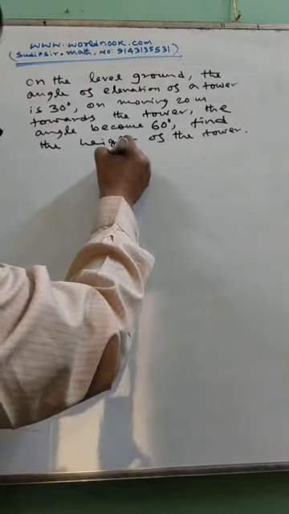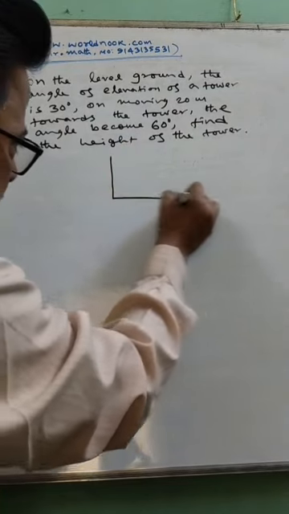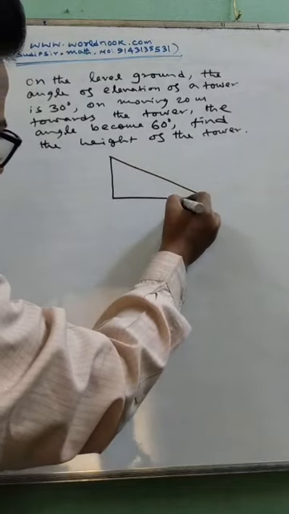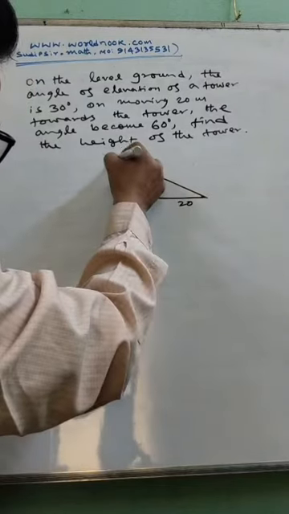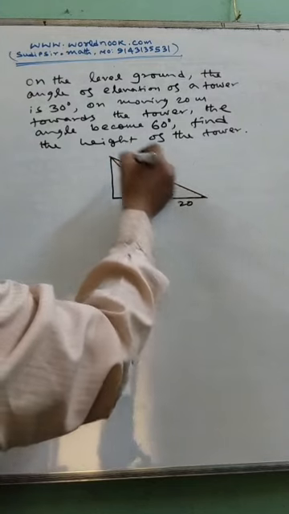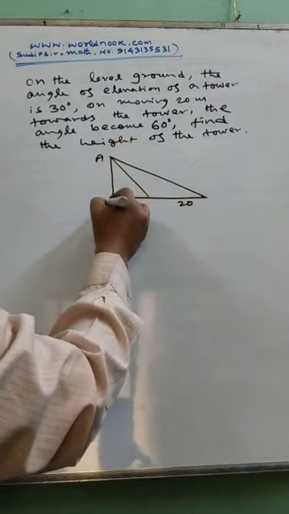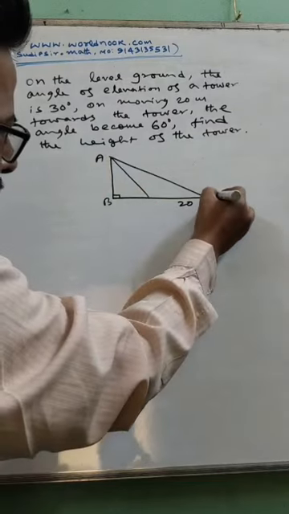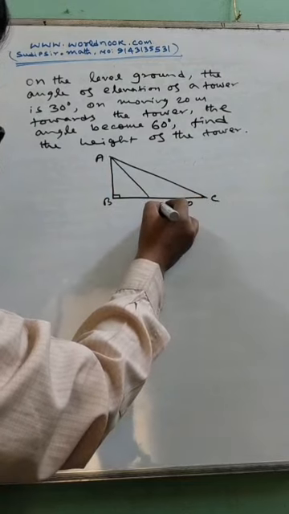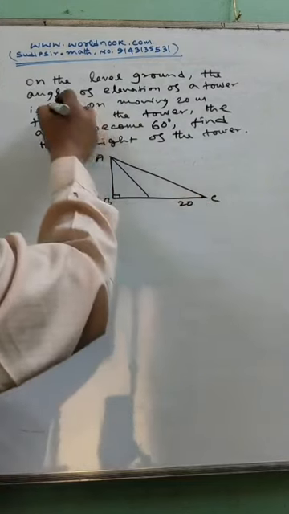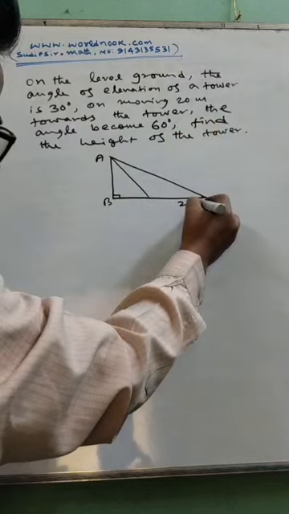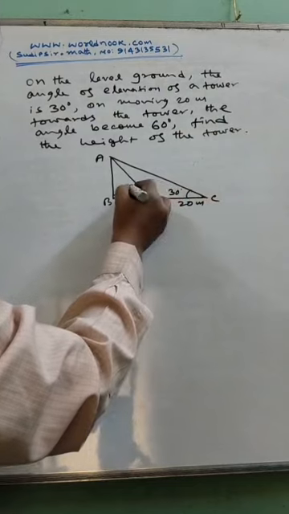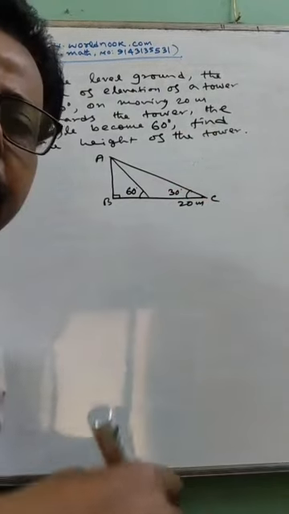Now, say this is the tower, initially 30 degrees, and after moving 20 meters, 60 degrees. AB is the tower, with a right angle here. The first position is C, and on moving 20 meters the angle becomes 60 degrees, where it was 30 degrees.